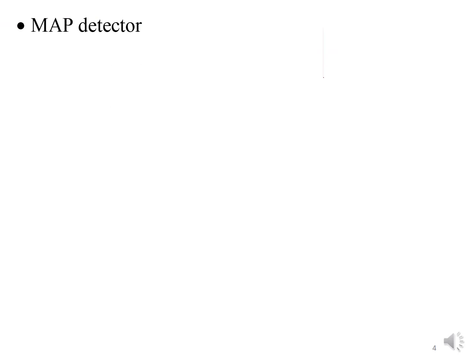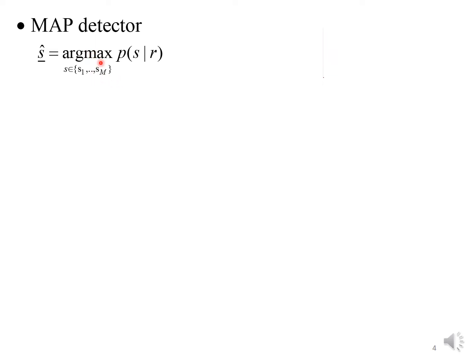Okay, now we apply this MAP detector to make the optimum detection, the best decision of the estimate of S. Here S could be two possible values, S1 or S2, M equal to 2.